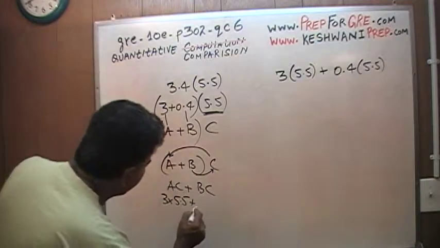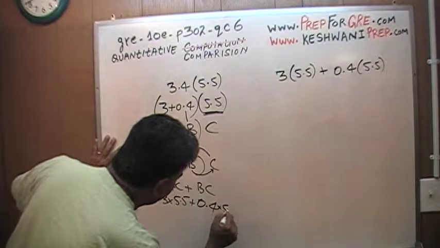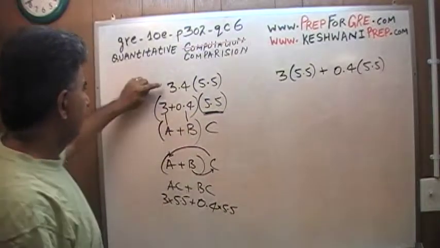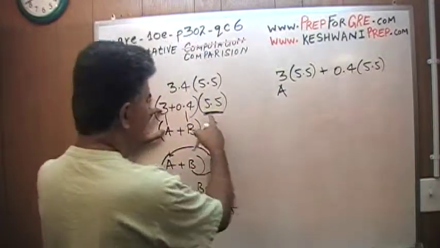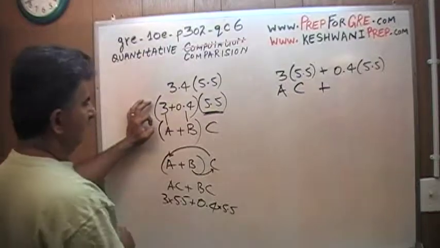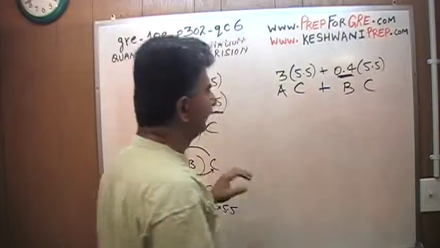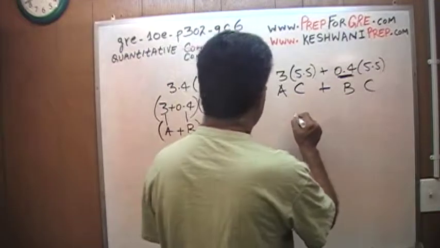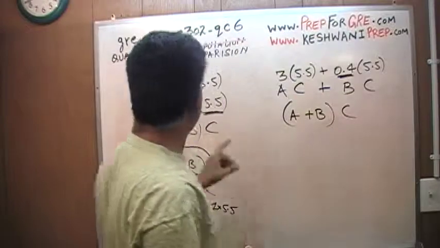Our B is 0.4 times C, which is 5.5, which is precisely what they give you there. You see? Your A, I'm going to rewrite it here, this is your A, which is your 3. 5.5 is our C, plus our B is 0.4. This is our B, and again our C. Well, A times C plus B times C should be A plus B times C. There you go.